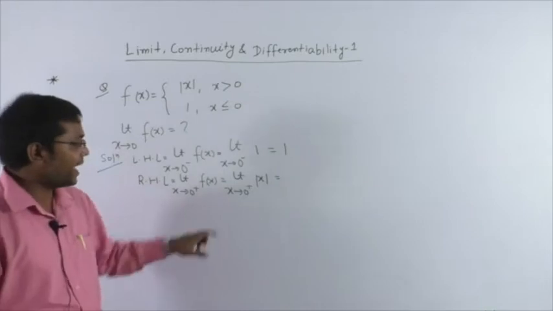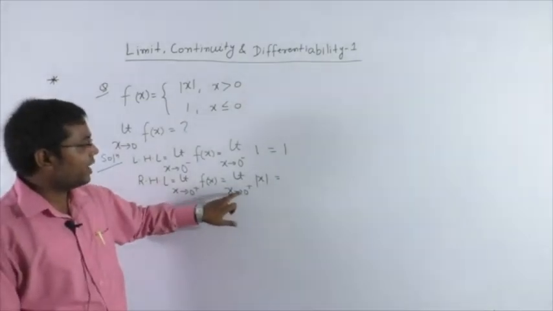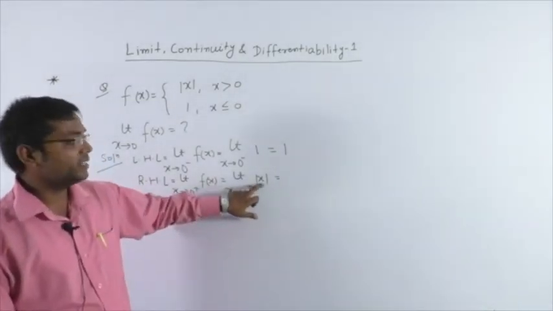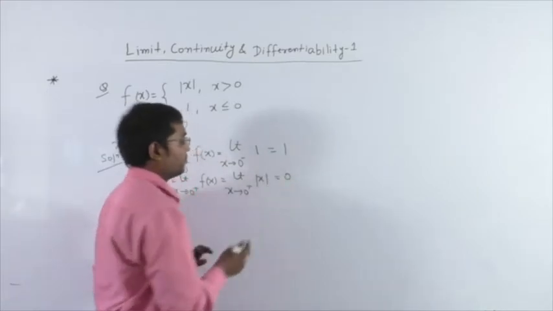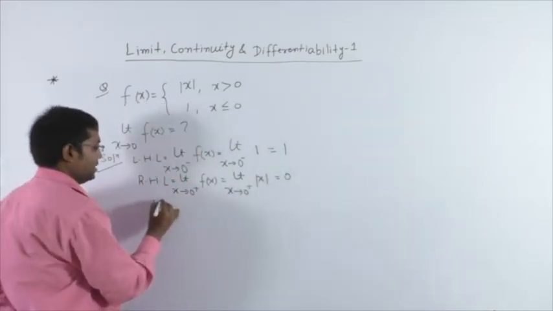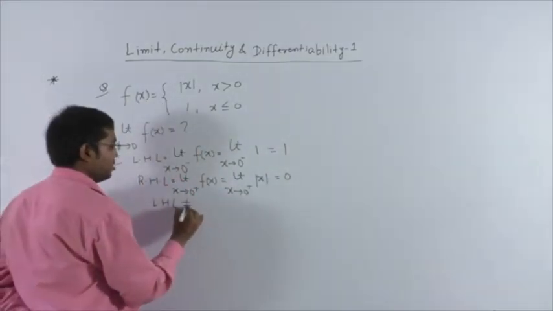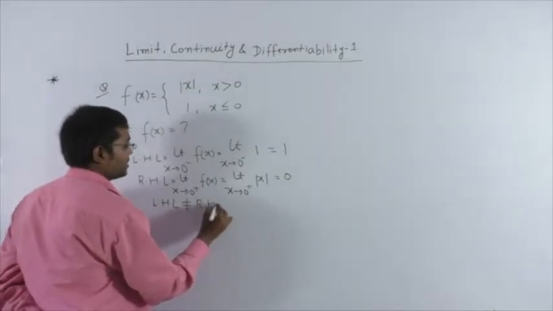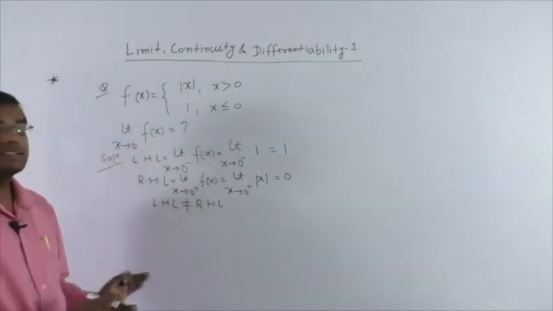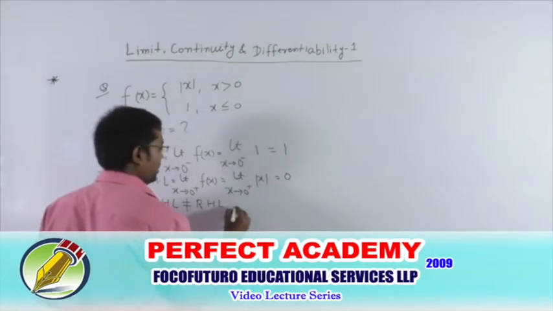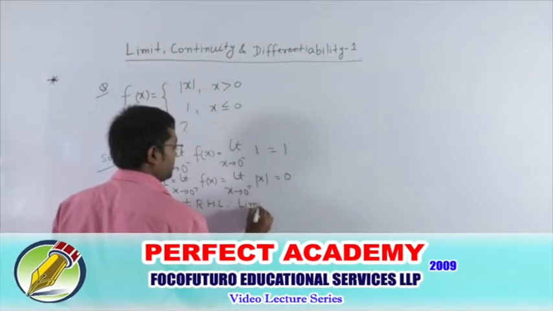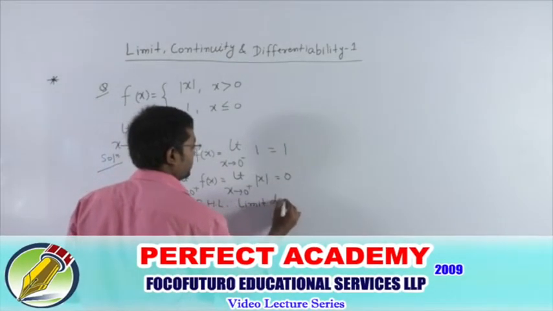Now see, x is just greater than 0, and if you put this value here, you will get mod 0, that is 0. Here the left hand limit is not equal to the right hand limit, hence the limit does not exist.